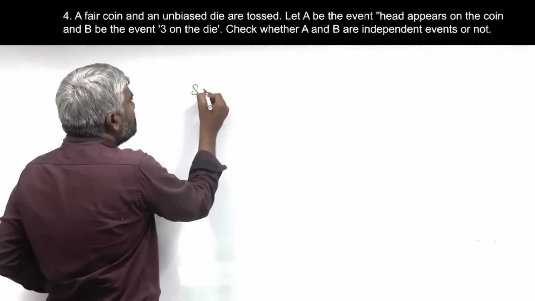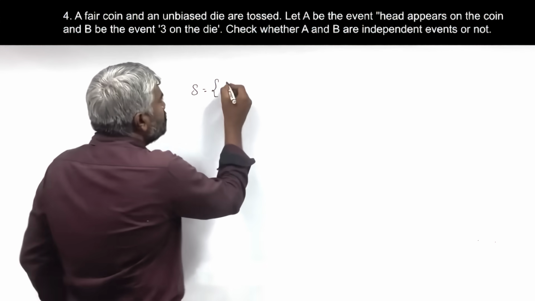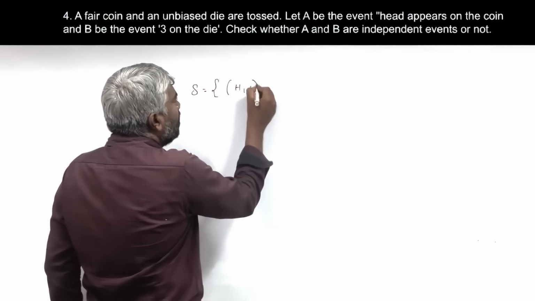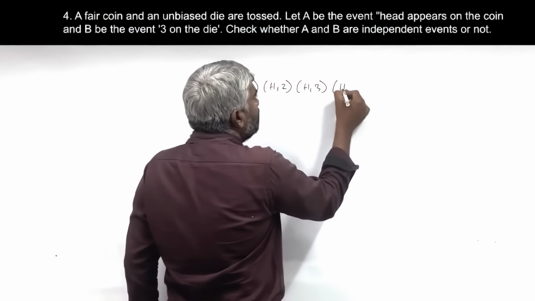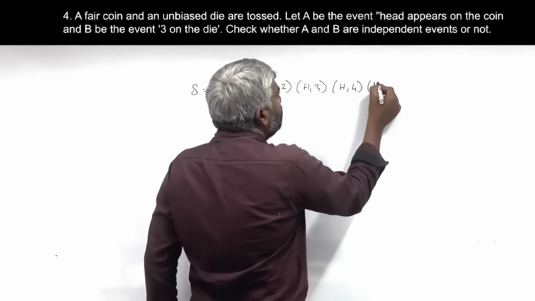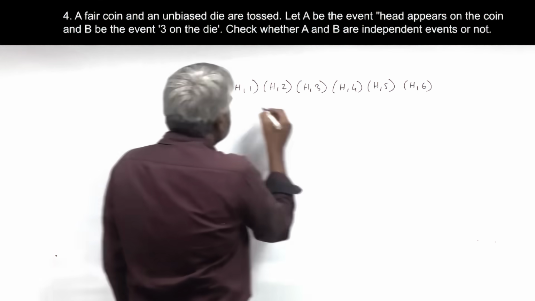Your sample space is from throwing a coin and a die. So head comma 1, head comma 2, head comma 3, head comma 4, head comma 5, head comma 6.